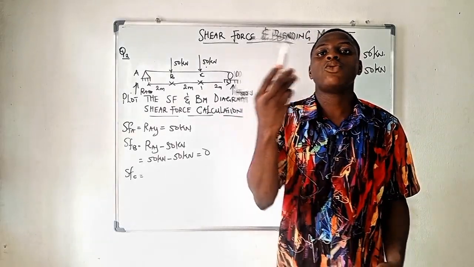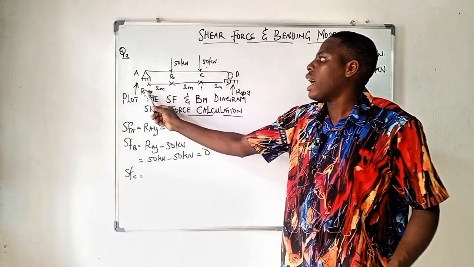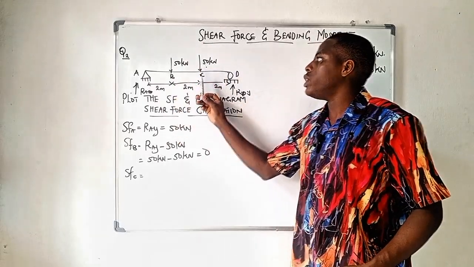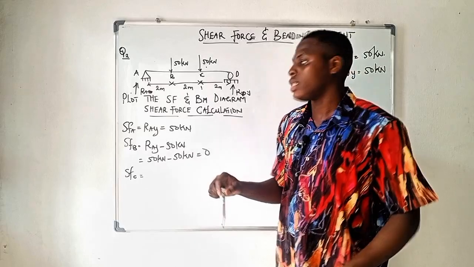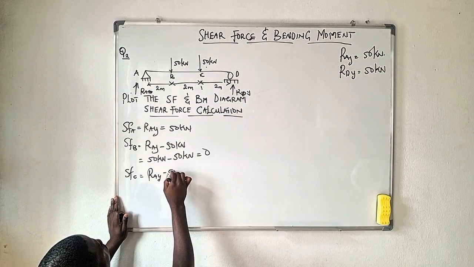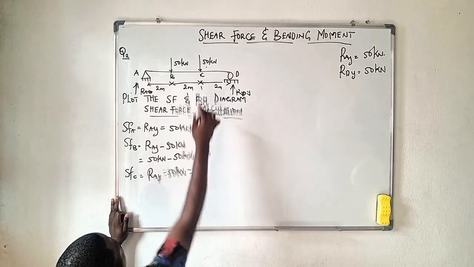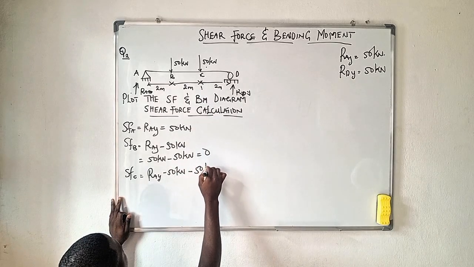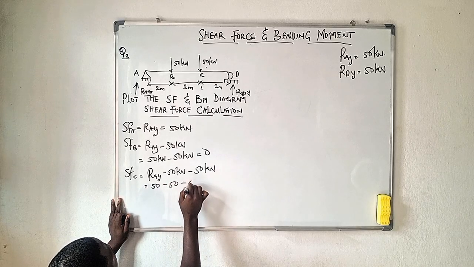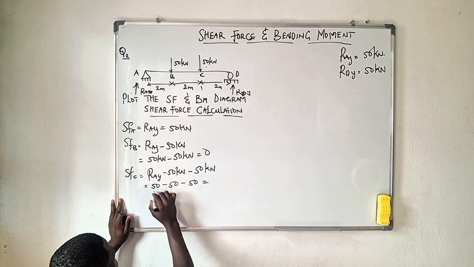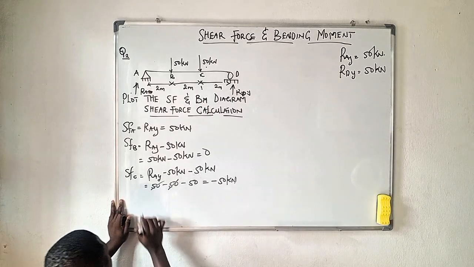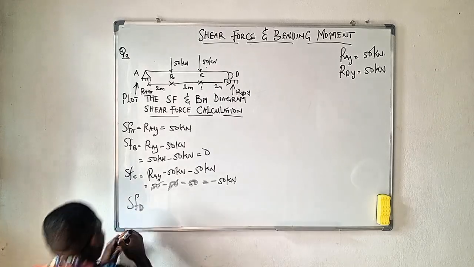You are seeing two forces before point C. We are seeing RAY minus 50 kilonewton, which is the point load, with your 50 at point C. So we are seeing RAY minus your point load minus the point load at point C. So this is 50 minus 50 minus 50. This and this will go out. We are left with minus 50 kilonewton.